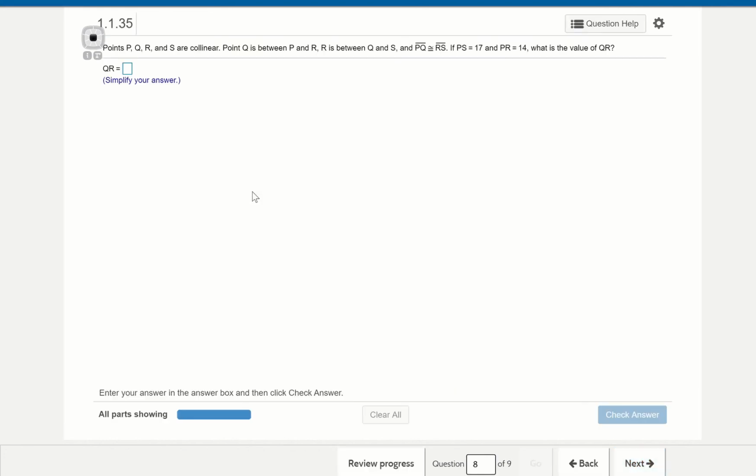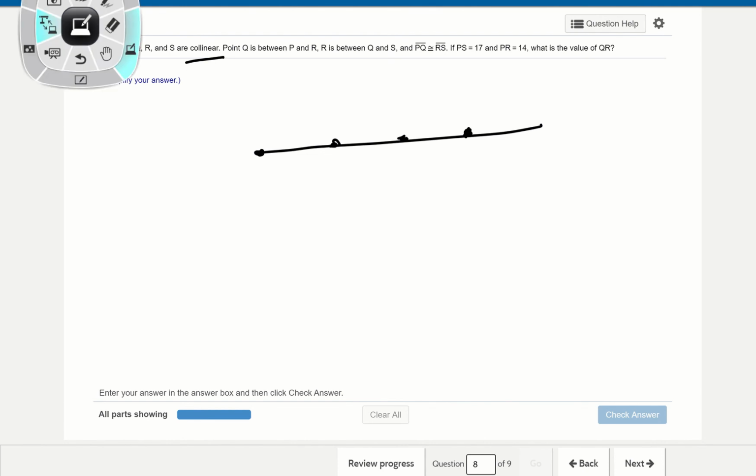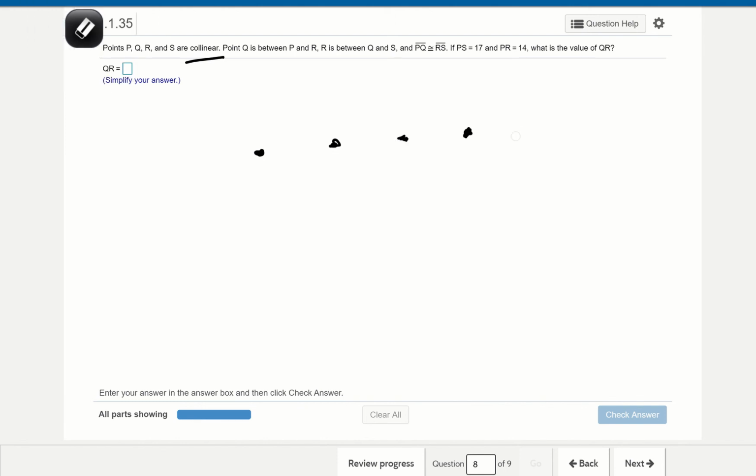Okay, so we have P, Q, R, and S are collinear. What does collinear mean? Collinear means they're on the same line. So we have 4 points and they're on the same line, or the same line segment, for all intents and purposes here.